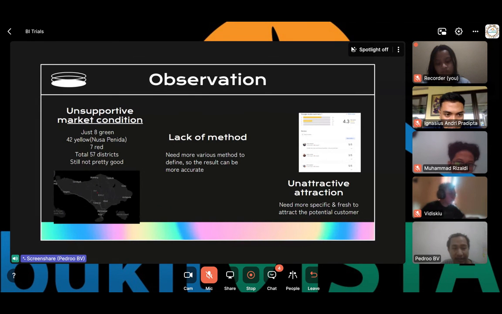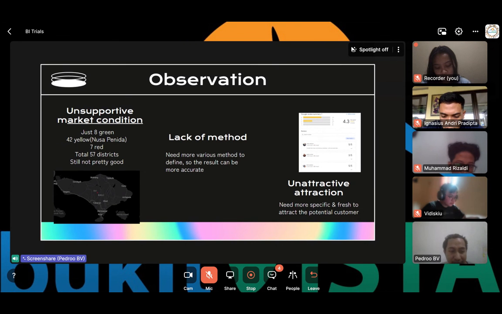Just eight green places in Bali, and 42 yellow including Nusa Penida, and 7 red. In total, 57 districts.